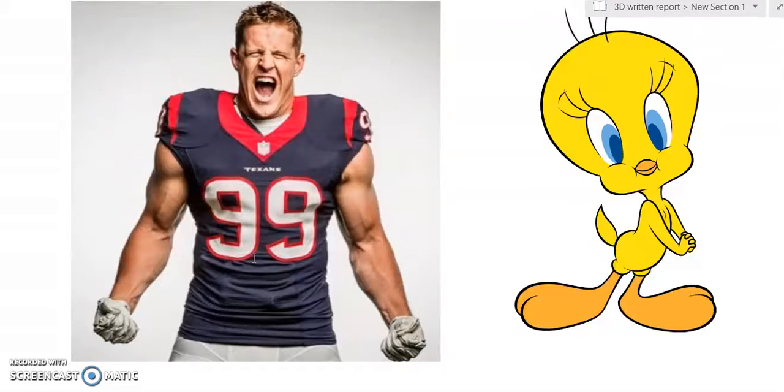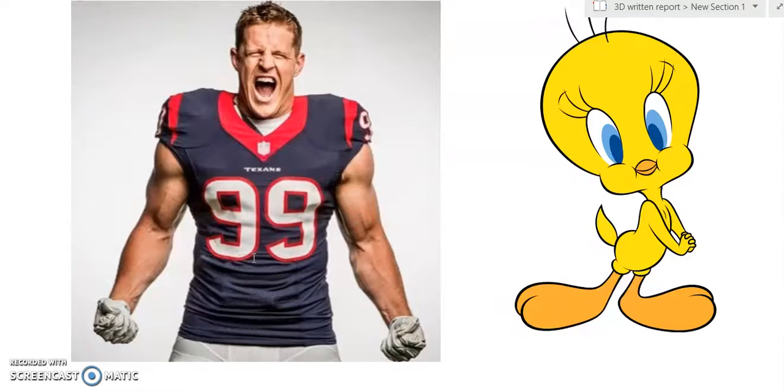Now let's imagine you have a heavy box that you have to carry across the football field. Which one of them do you think will get to the end of the field faster? J.J. Watt or Tweety? Well, the answer is probably J.J. Watt because he looks a lot stronger, right?